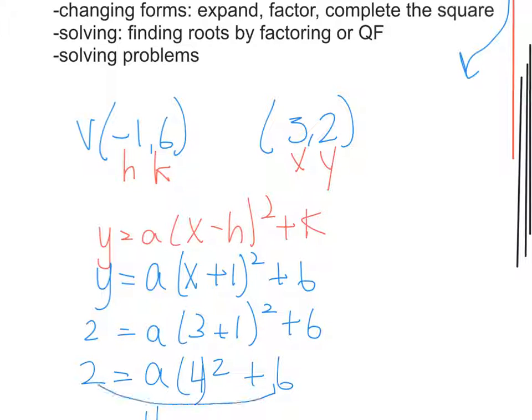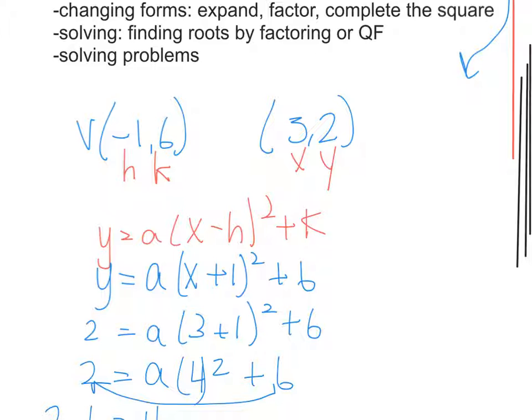And this 6 needs to go over here with the 2. So 2 minus 6 on the other side. 16a is equal to -4. So if I'm dividing both sides by 16, the a value is equal to -4 over 16, which reduces to -1/4. That's the first thing I'm solving for when I'm finding the equation.